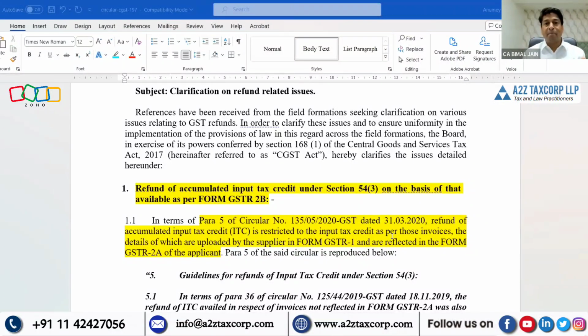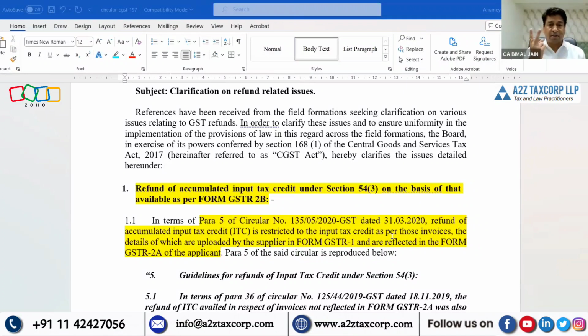In the past, the department used to cross-check and verify all relevant tax invoices of your supplier, which gets auto-populated in GSTR 2A of the recipient, who is in turn filing refund claim on zero-rated supply.